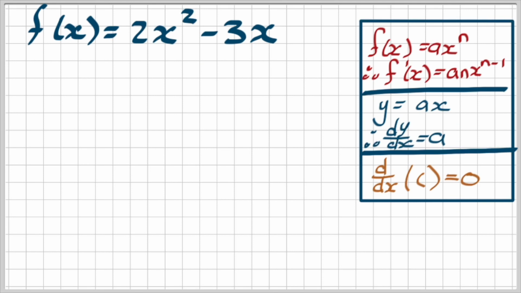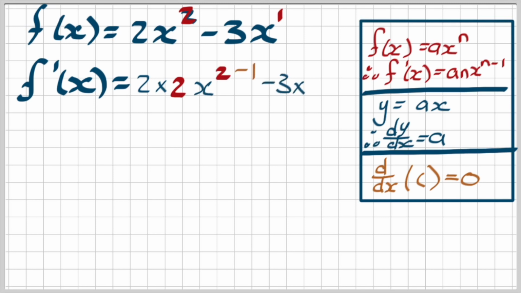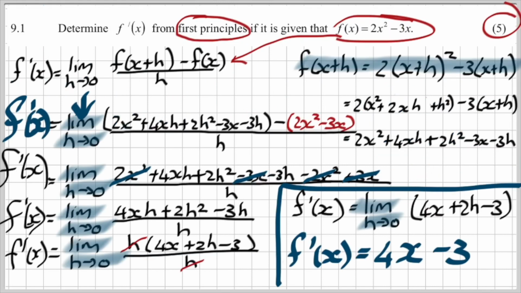So if I look at f(x) and I do f accent x, I'm going to bring the 2 to the front for the first one and subtract 1 at your exponent. Same with the second term. I'm going to bring the 1 to the front and subtract 1 at the exponent, leaving me with 4x minus 3, which is exactly what I got there.